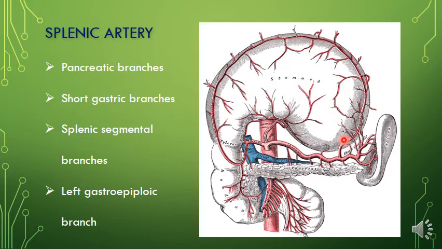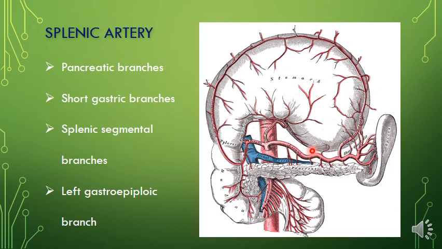I have already told you gastroepiploic means it supplies the stomach and the greater omentum. So that's why they are also called gastro-omental branches. The right and left gastroepiploic are also called right and left omental branches, because they supply the stomach and the greater omentum.